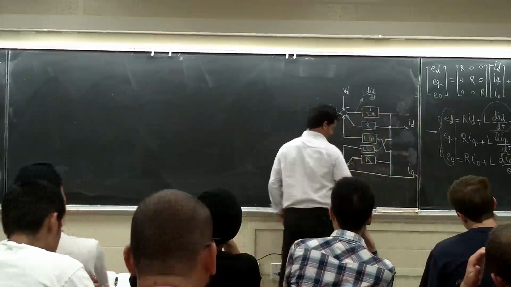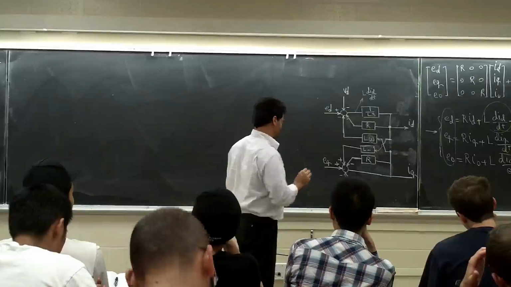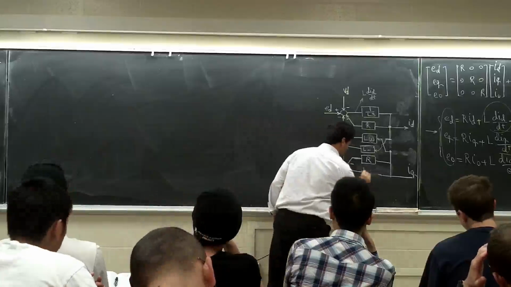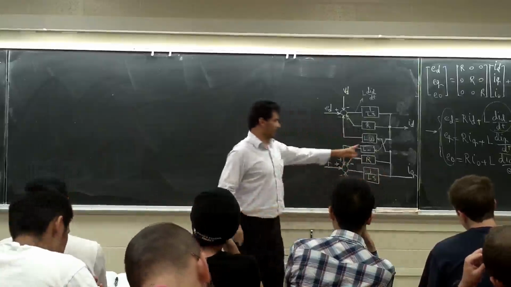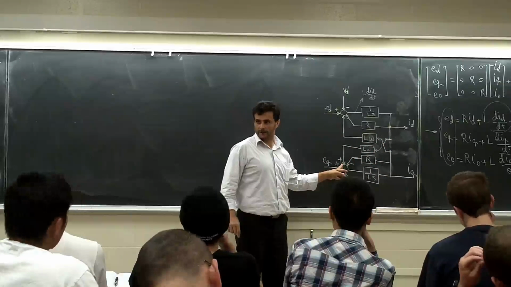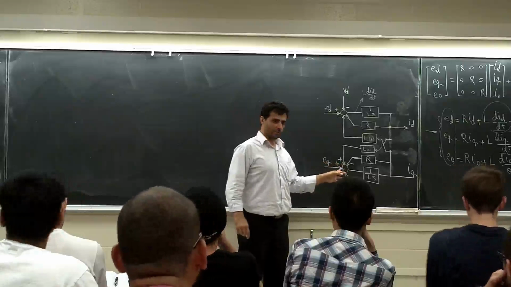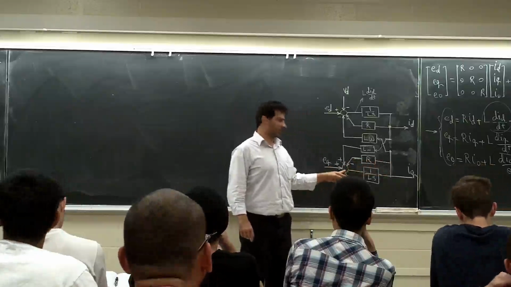This is the IQ. Oh, we are missing one thing here. Again here, L omega ID, right? EQ minus VQ minus RIQ, right?